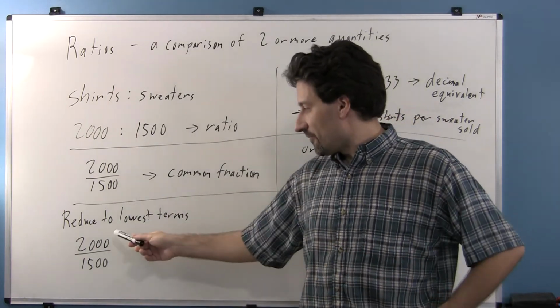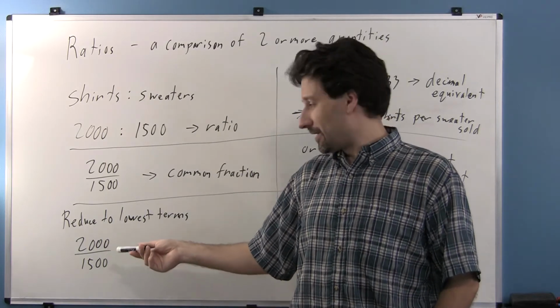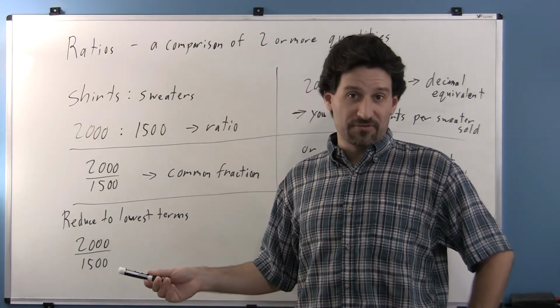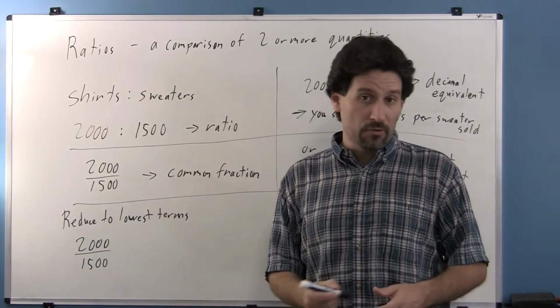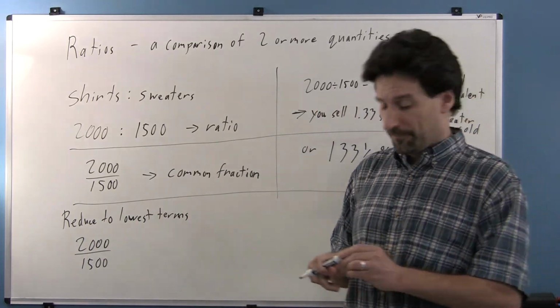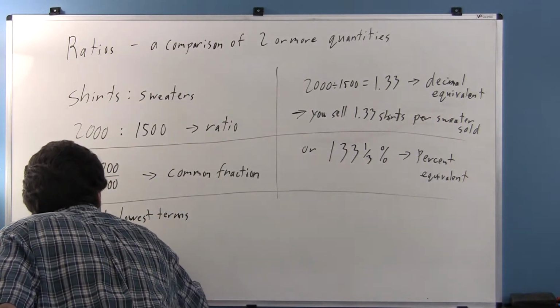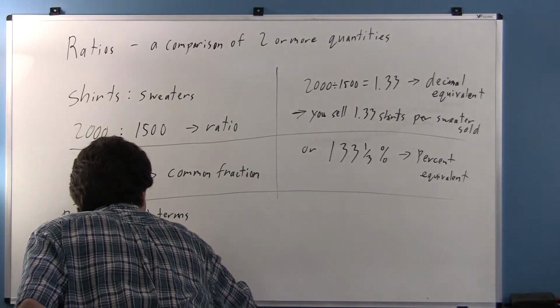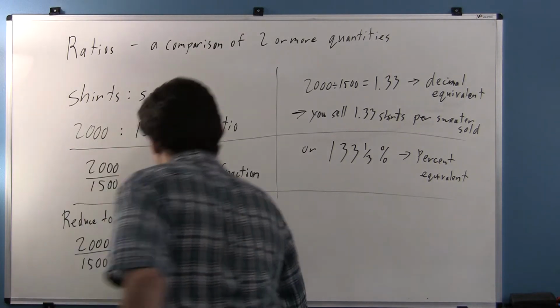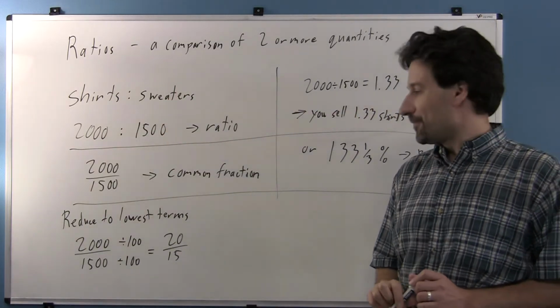And in this case, you can easily divide some powers of 10 out of that, right? 2,000 over 1,500, you could divide both of those by 100 to start. So let's do that. Divide the top and bottom by 100, and now we have 20 over 15, which is a little bit easier to work with.